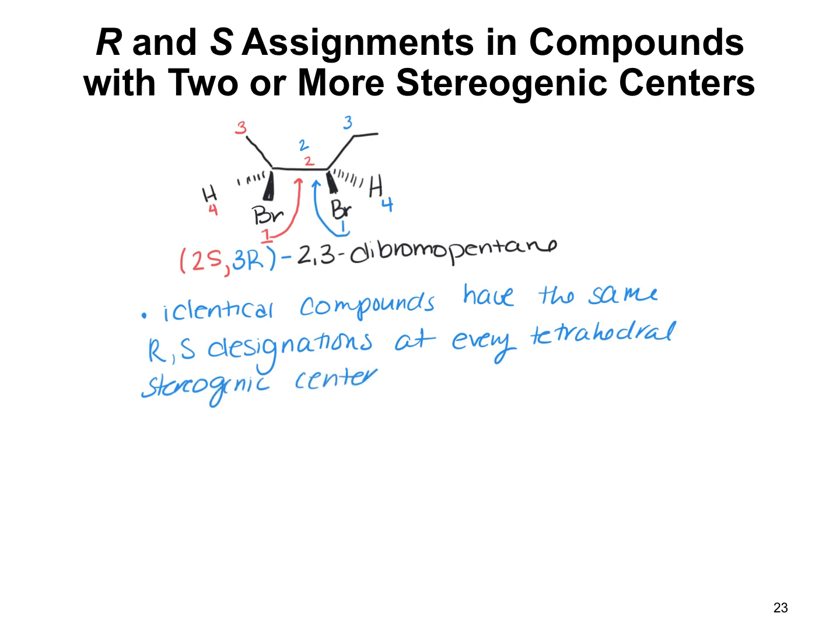Okay. Enantiomers have the exact opposite R and S designations.